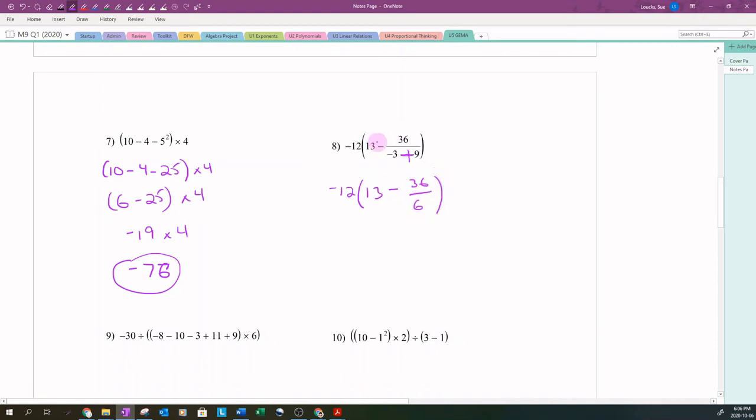Now, I didn't float this minus up because it's not a negative right now, it's a minus, like I'm subtracting something. So it only makes sense to float it up when it's the first thing in the sequence. Okay, so now this is negative 12 times 13 minus 6, which is negative 12 times 7, which is negative 84.